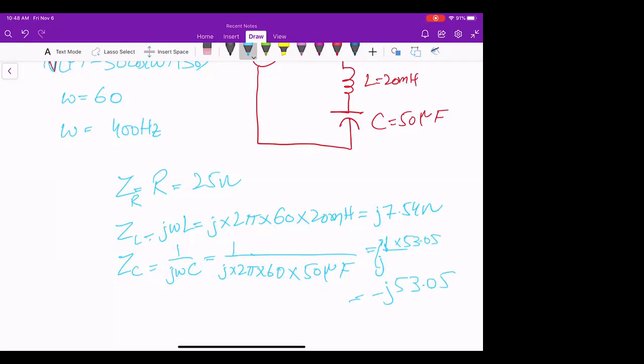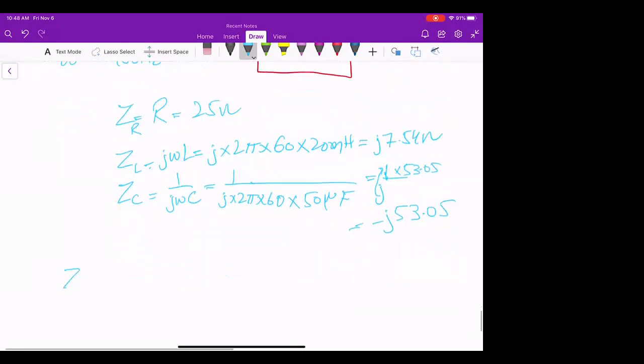So your total impedance of this circuit is Z equals ZR plus ZL plus ZC, which makes it 25 plus J 7.54 minus J 53.05, which makes it 25 minus J 45.51 ohms.